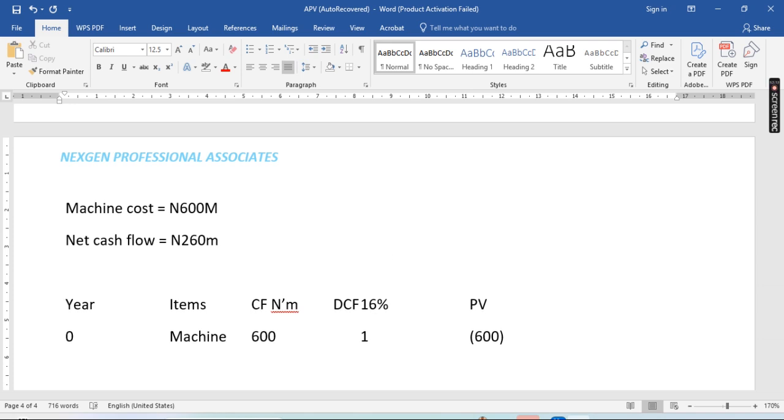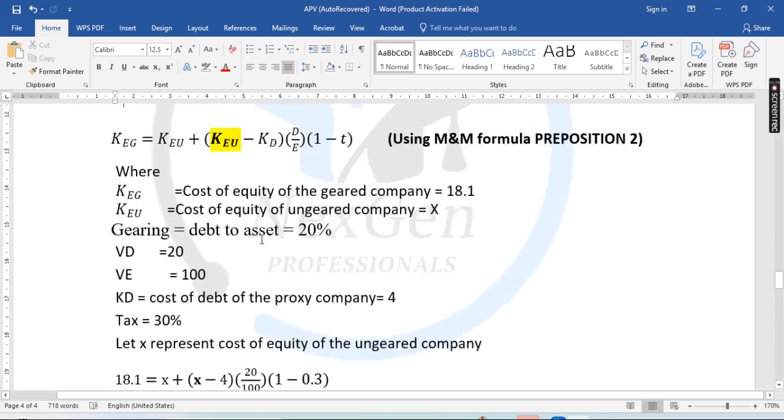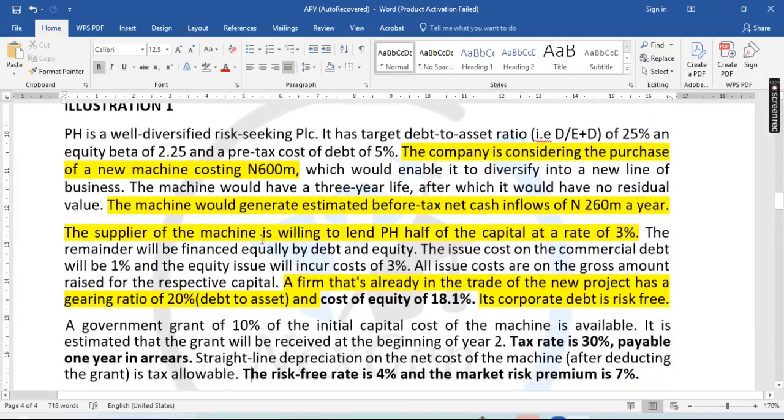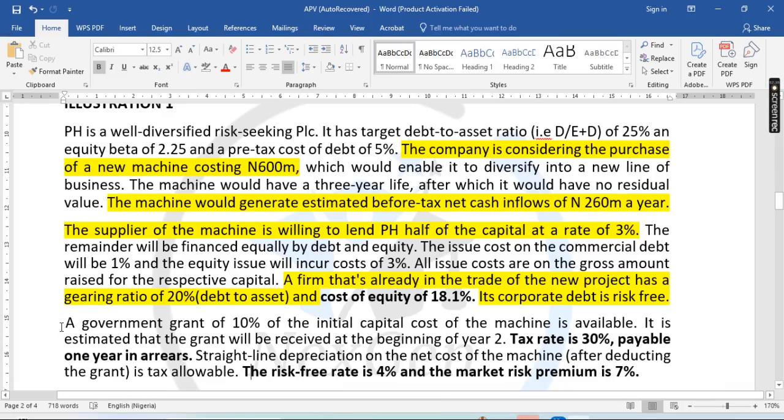Yes. So the next one is grants. The government will give them grants. This 260 million is from year 1 to year 3, which is the lifespan of the machine. So the next cash flow you need to pick is the government grant, and that is it.